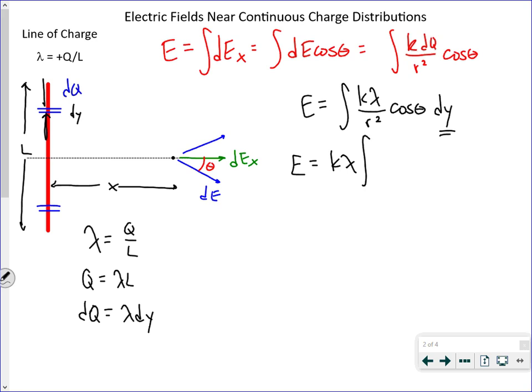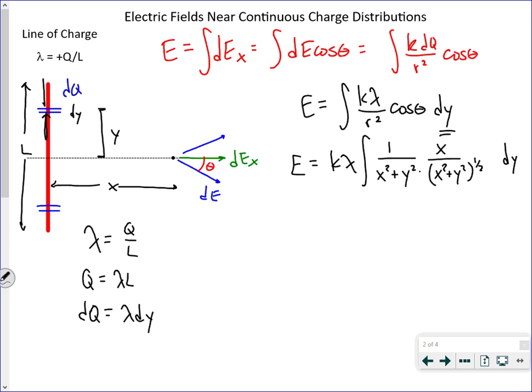You'd say 1 over r squared, where r squared is x squared plus y squared, where here's y. And then cos theta is x over r, x over x squared plus y squared to the 1/2, dy.